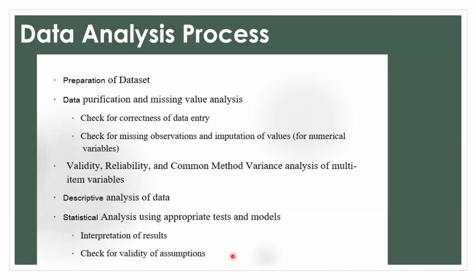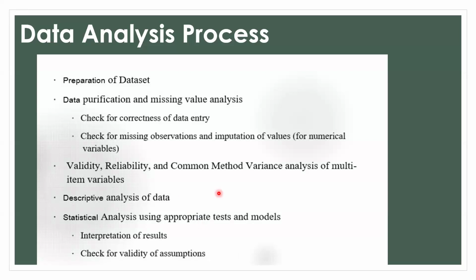Okay. So when you have multi-item variables, it is needed to test that these items are correlating with each other in order to measure a single variable, while at the same time, as a set, the items differentiate from items of other variables.